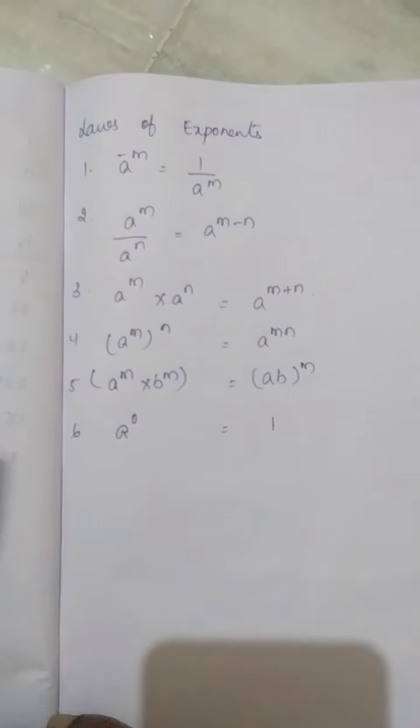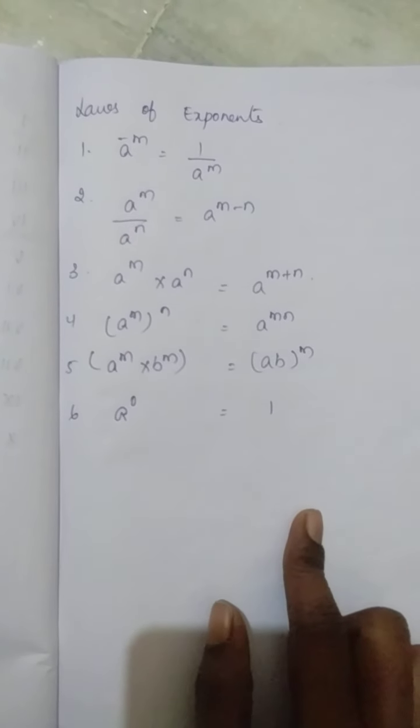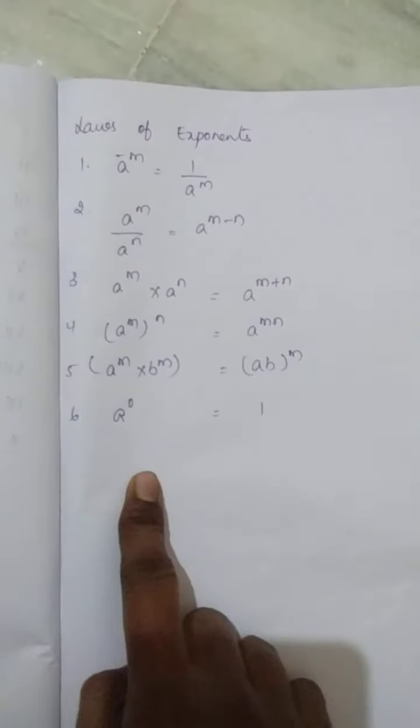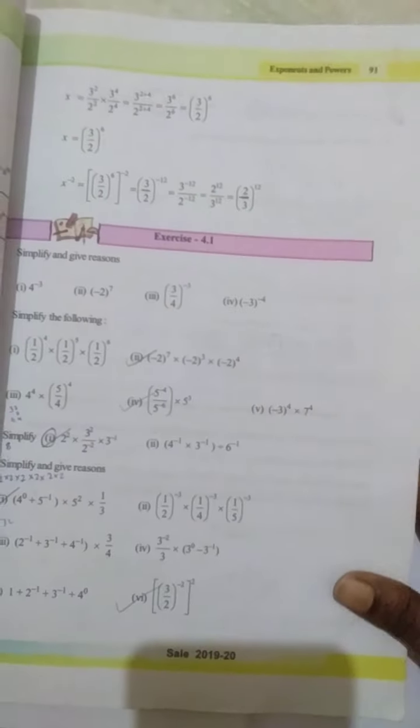After writing your main heading, write down these laws of exponents. These are the formulas you have to write. After that start the examples, whatever you have before the exercise, example 1 2 3 4 5 6 8 9 10. So a total of 10 examples are there. After that start exercise 4.1.